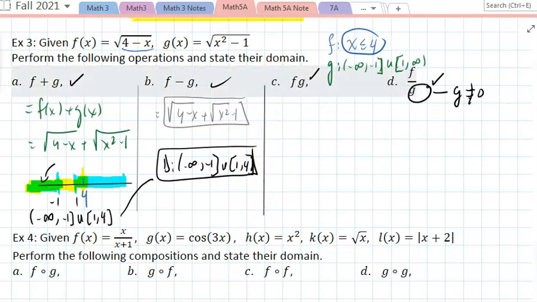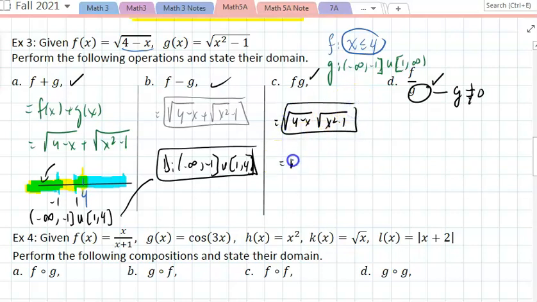F times g again, that is the square root of 4 minus x times the square root of x squared minus 1. You could leave it like that. You could write that as a single radical if you wish. You could FOIL, whatever makes you happy. And the domain, again, is identical to this.